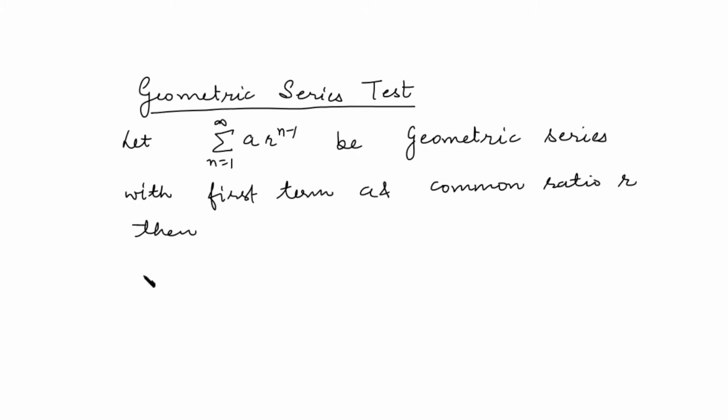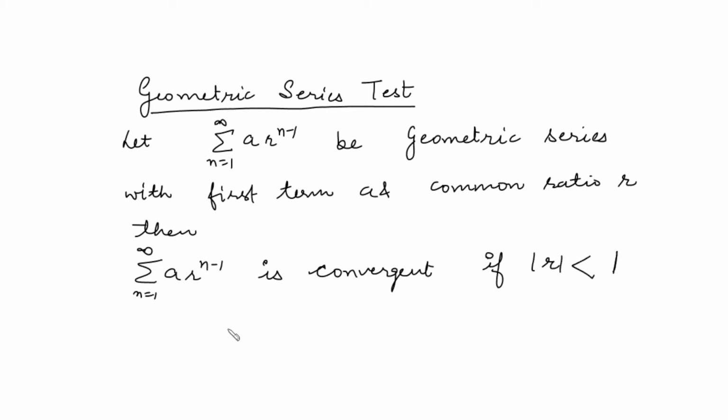Then the series ar to the power n minus 1 is convergent if the mod of r is strictly less than 1, and divergent for mod of r greater than or equal to 1.